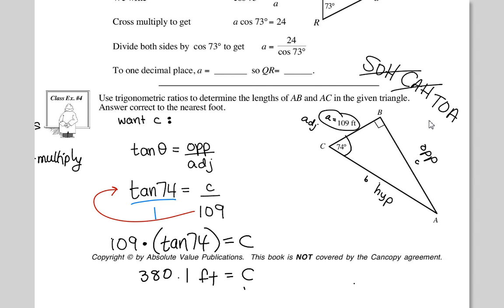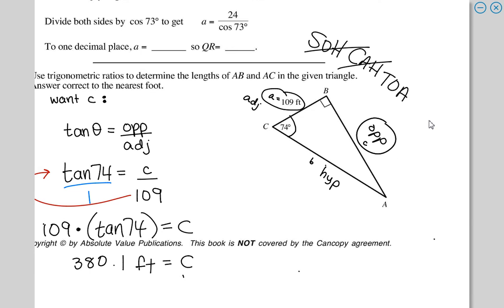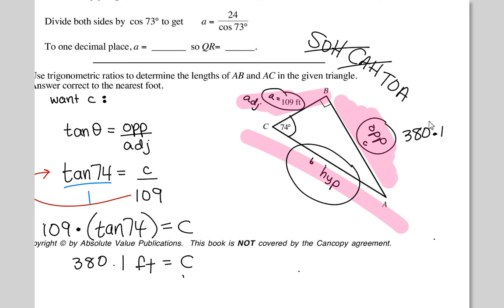All right. So that was 380.1. So now you have two sides, yeah? How could you get the missing side? Yes. And is it the long side? The hypotenuse is what we want, right?